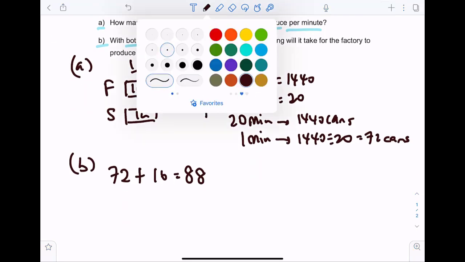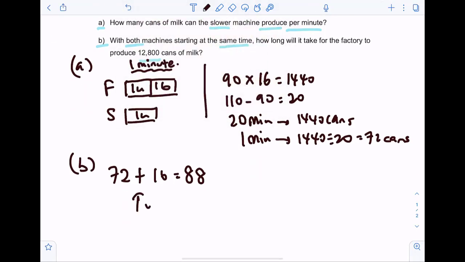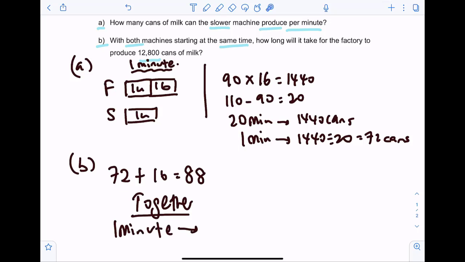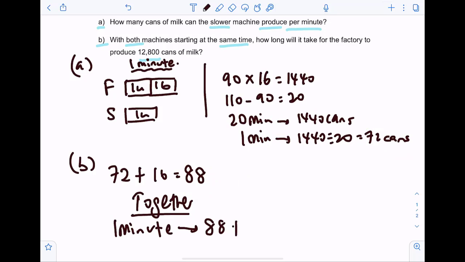If they are working together, for every 1 minute, how many cans of milk can they produce altogether? 88 plus 72, faster plus slower, gives 160 cans of milk every 1 minute.